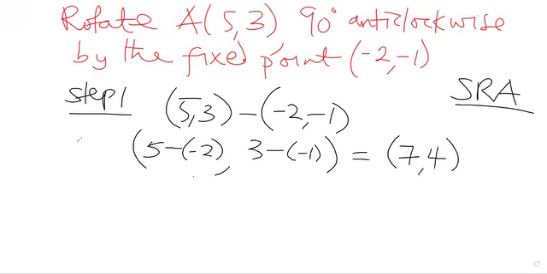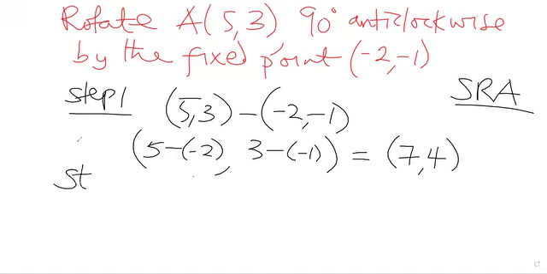When two signs are in between the numbers, you just make it one. If they are both negative, it becomes positive. If they are different, it becomes negative. So both are negative here, so it becomes plus. So 5 plus 2, 7. And then 3 plus 1, 4. So that's my answer for step one.